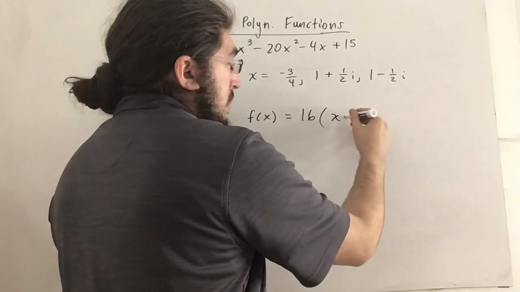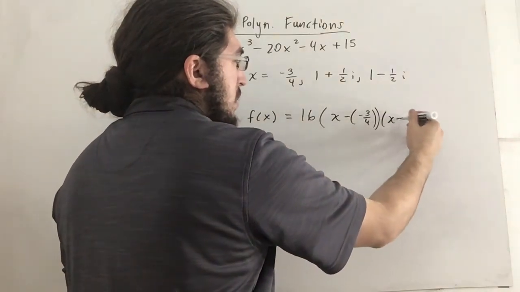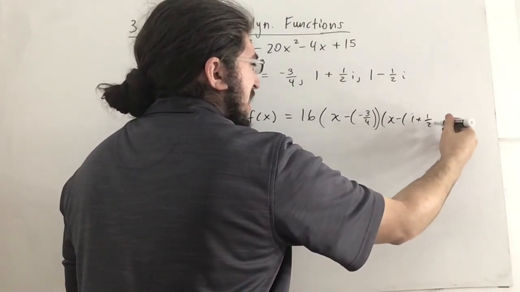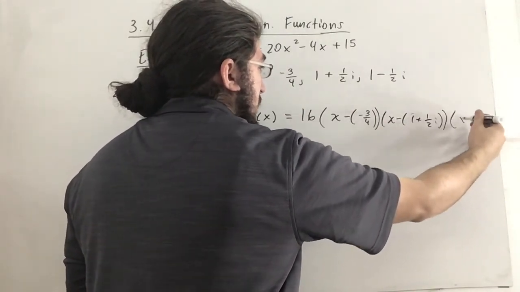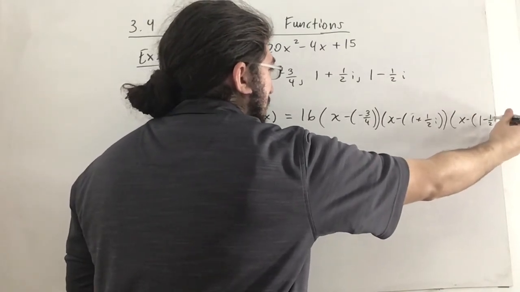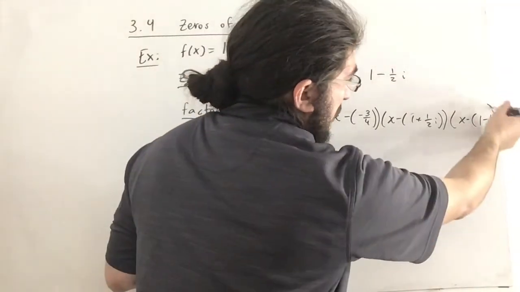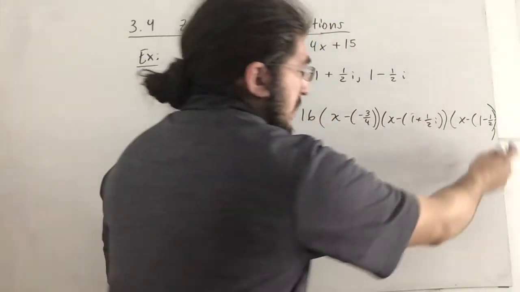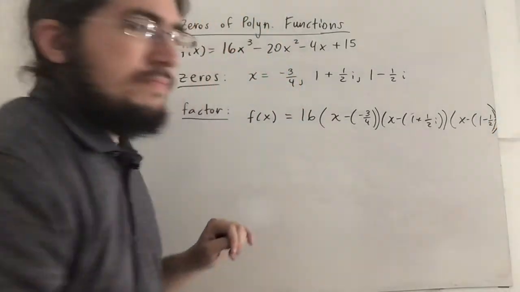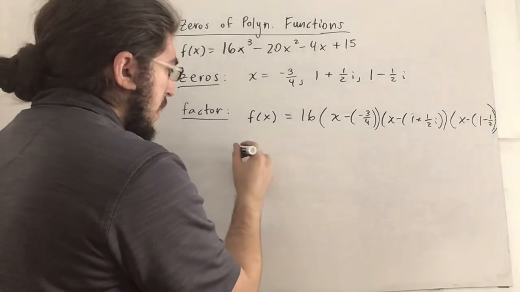So x minus negative 3/4 times x minus 1 plus 1/2 i times x minus 1 minus 1/2 i. Kind of ran out of room there, and I'm missing a parenthesis, but that's okay. Just imagine that it's nicer looking than it actually is. Hope that comes out okay.